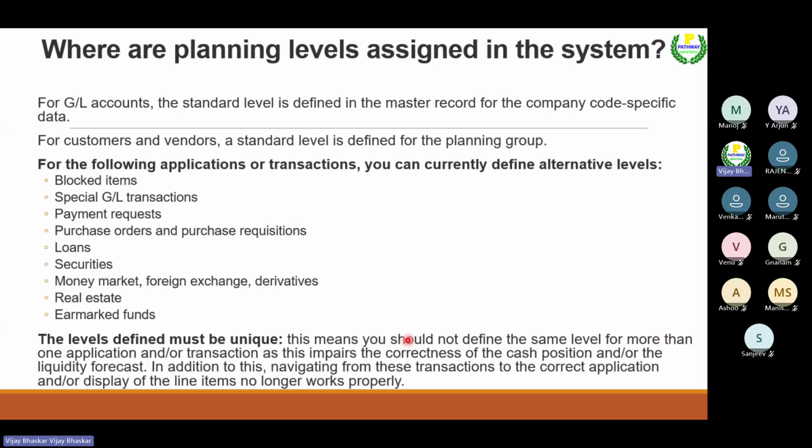Same level. I mean, you should not define the same levels for more than one application or transactions, as this impairs the correctness of the cash position, the example which I have given, and the liquidity forecast. In addition to this, navigating from these transactions to the correct application and the display of the line items no longer works properly.